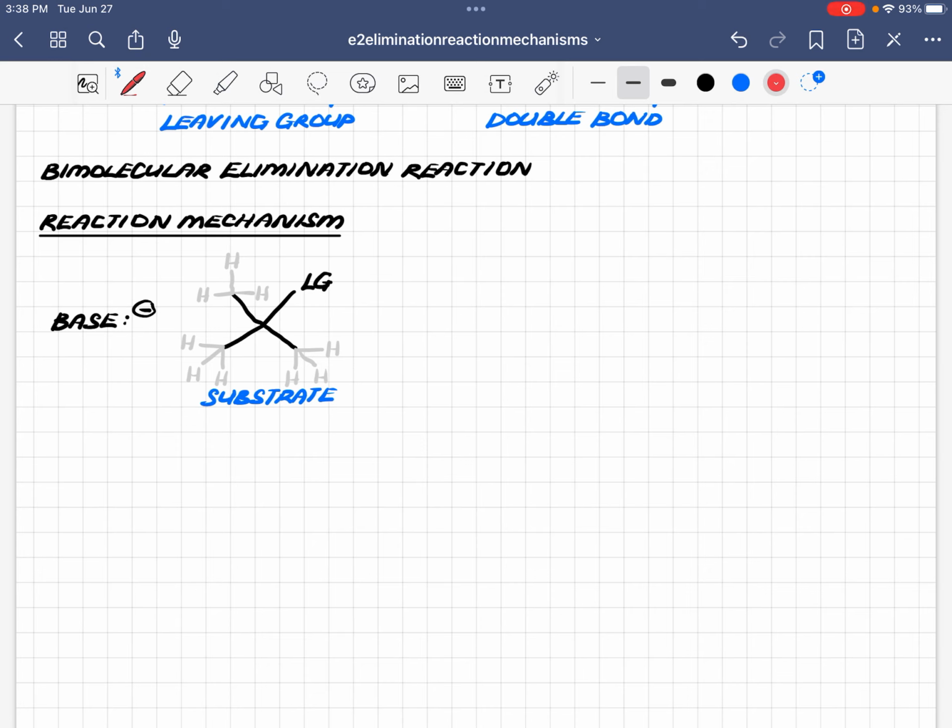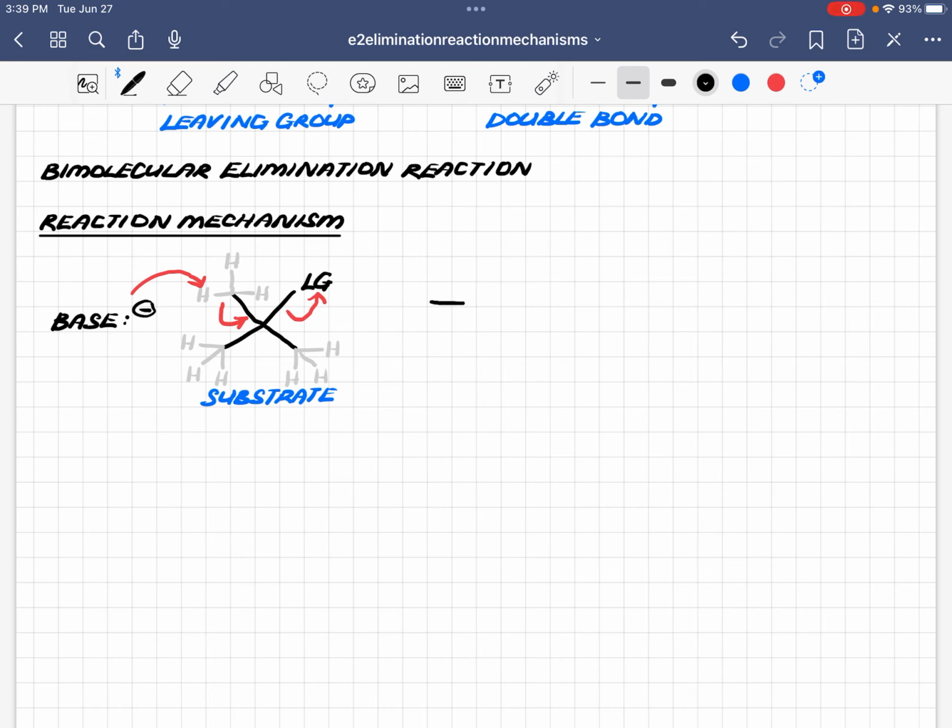So the first step that will happen is a proton transfer from the base with any one of these hydrogens. This will cause the formation of a double bond and the expulsion of this leaving group.